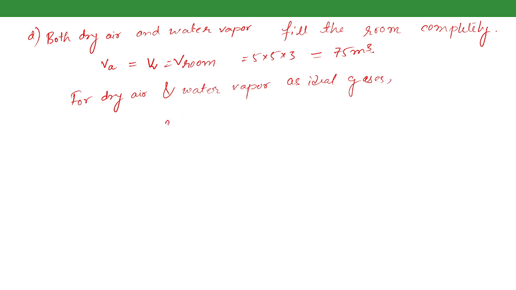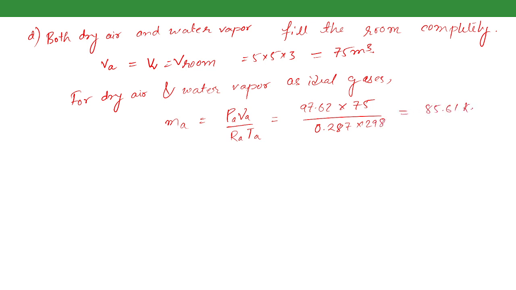Okay, then the mass of air can be found out from the ideal gas equation, PAVA by RATA. So this is 97.62, the partial pressure of air, multiplied by 75, the volume, divided by 0.287 and 298. So this comes out to be 85.61 kg.